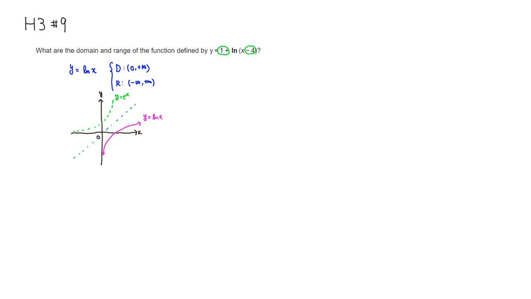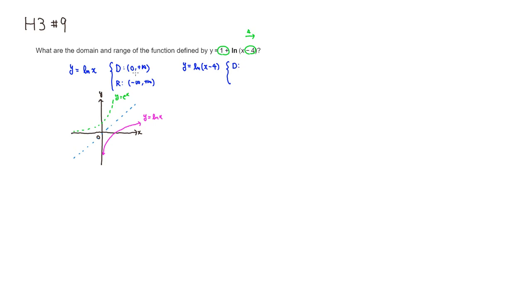If you think of y equals natural log of x minus 4, remember that this is a shift to the right 4 units. Shifting the graph 4 units to the right only affects the domain, because the domain is the x values.